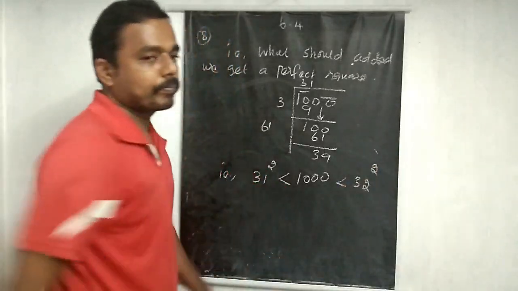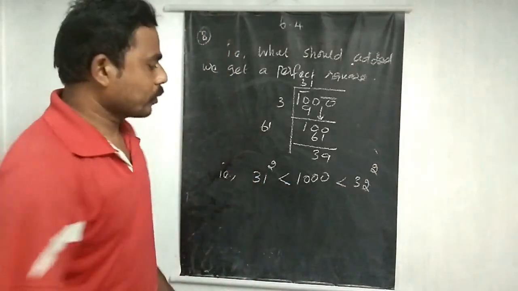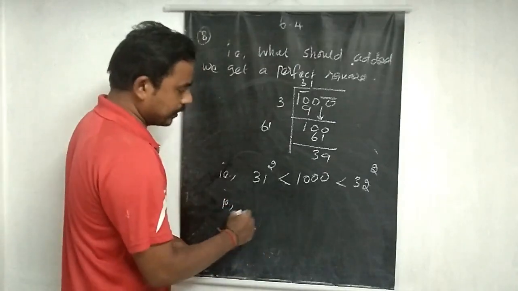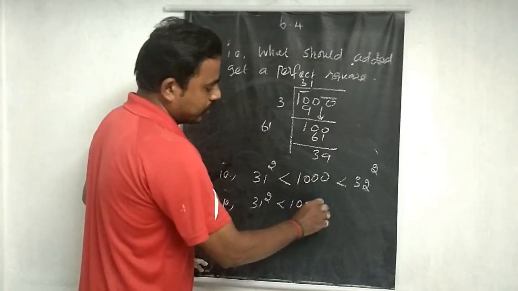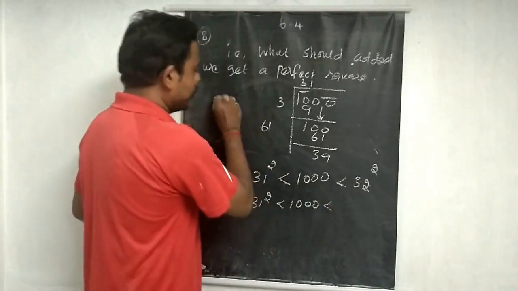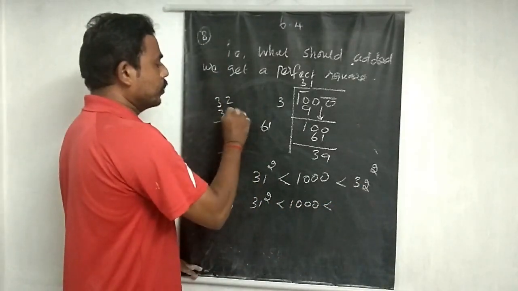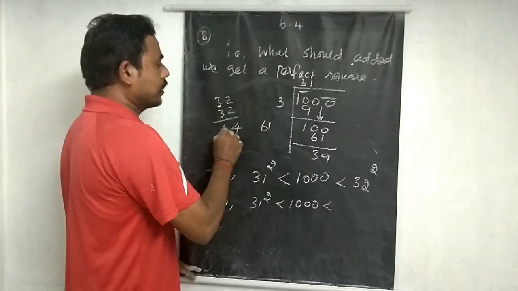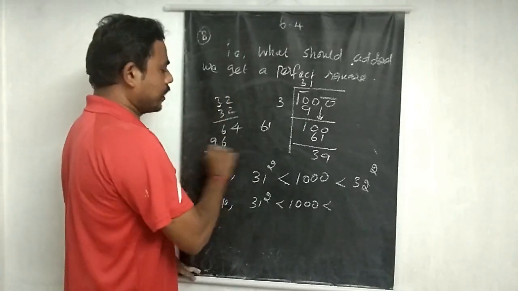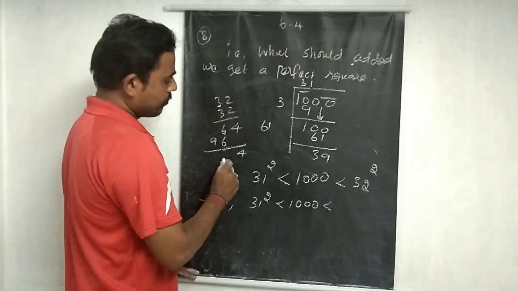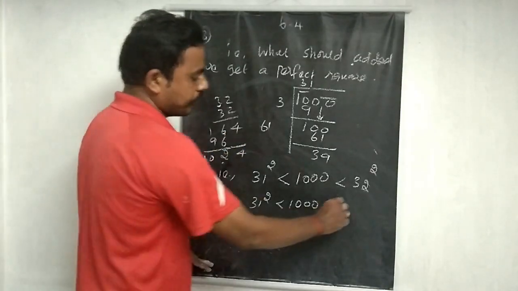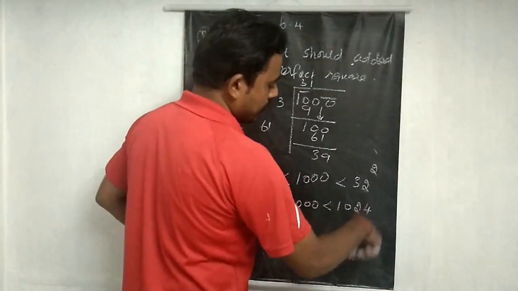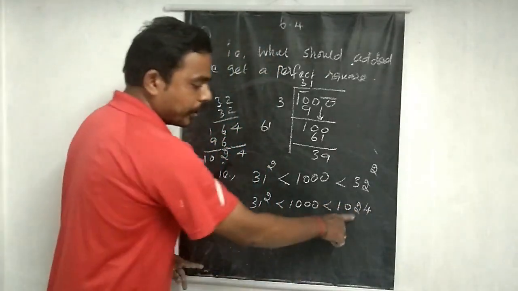Next number 32. 31 squared is less than 1000, less than 32 into 32. 2 2s are 4, 2 3s are 6, 2 3s are 6, 2 3s are 9, 4, 2, remaining 1, 1024. What should be added? 24 should be added.